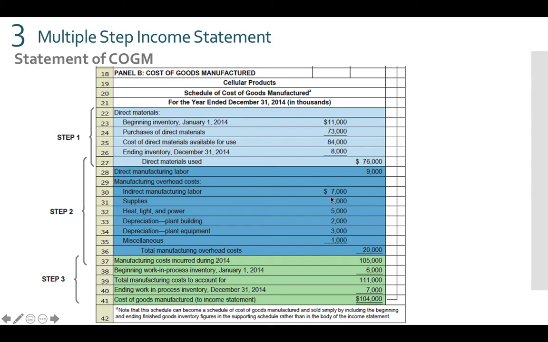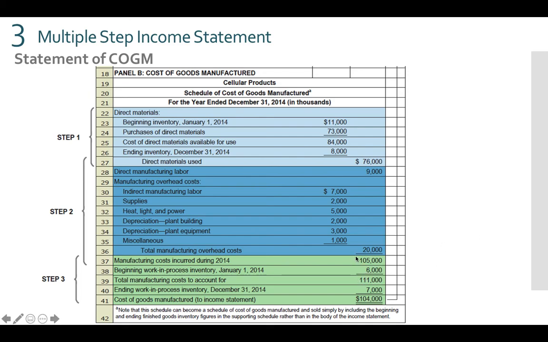And if we sum the direct materials used, direct manufacturing labor, and the manufacturing overhead cost, we will get the total manufacturing cost in 2014, which is 105,000. But this is not the final number that we are looking for, because we are looking for cost of goods manufactured. So we have to add the beginning work in process inventory, which is $6,000.